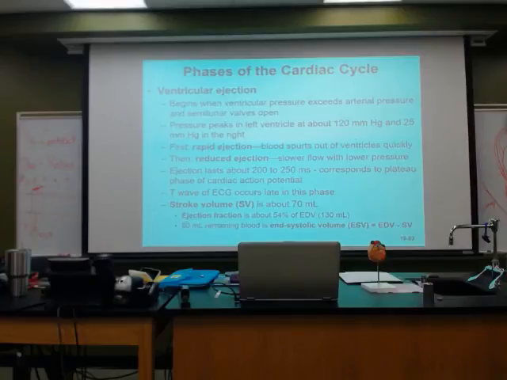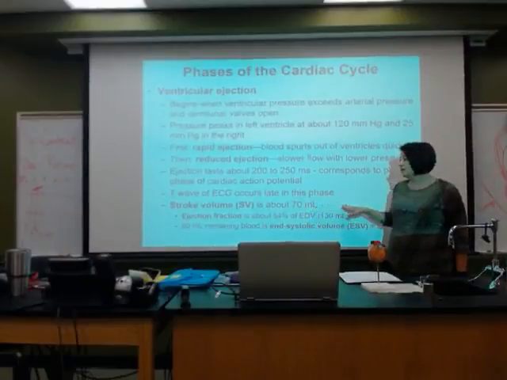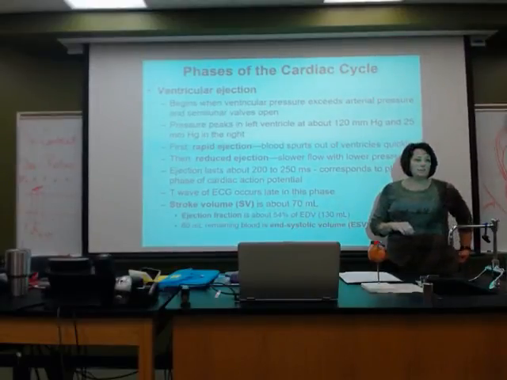So if it is end systolic, there is a number that should be the normal amount of fluid in that ventricle at the end of systole. End diastolic means there's a normal amount of blood that should be in there at the end of diastole. And then stroke volume. Stroke volume, we're getting about 70 milliliters ejected out.